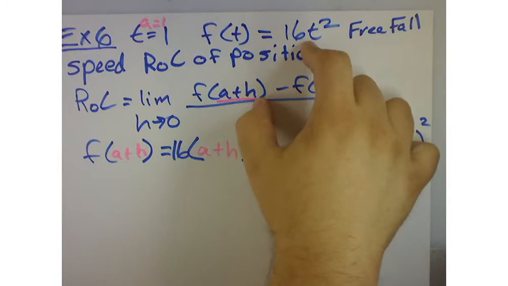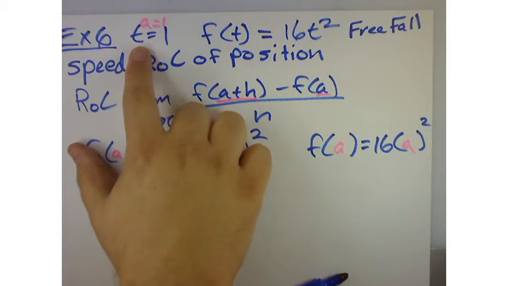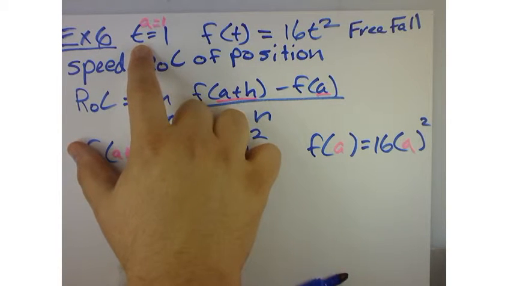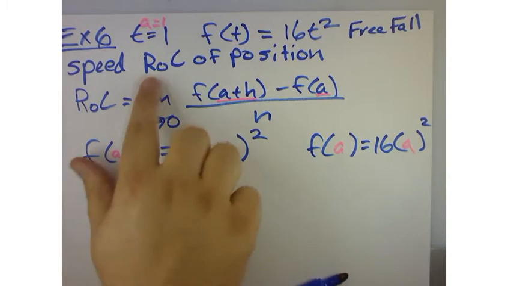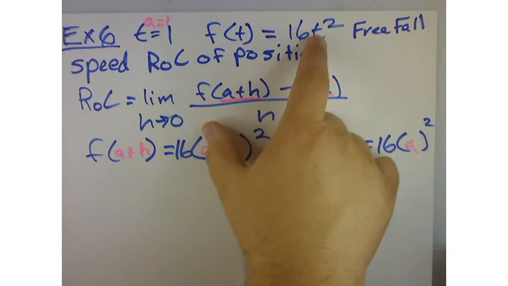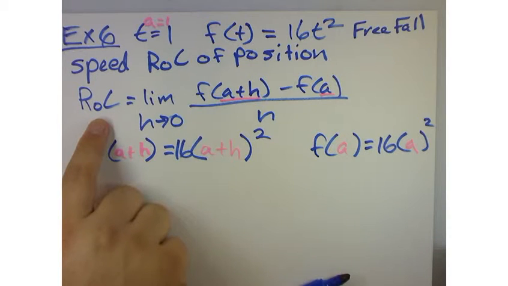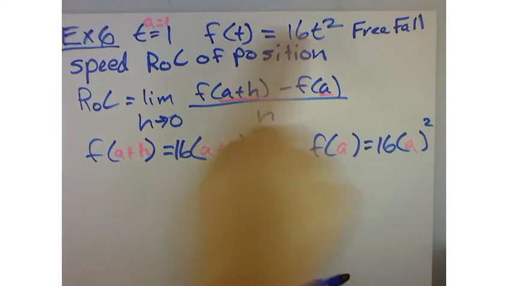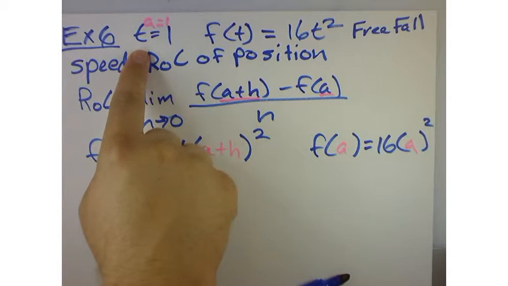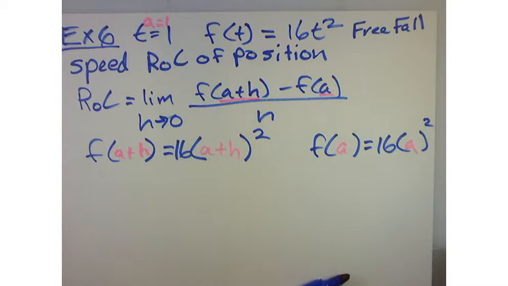We want to know when we drop a rock from the top of a building, at 1 second later, what is the speed of the rock? Well, we know that speed is the rate of change of the position, and this is the position function. So if I find the rate of change of the position function at t equals 1, then I'll know the speed. Does that make sense?